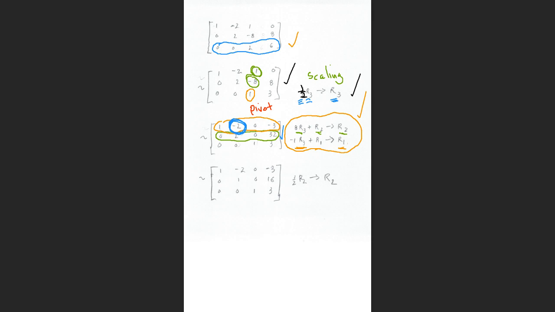That's right, Mikhail. We would take row 2 plus row 1 and put the result in row 1. That's what we would do. We can't use row 3 because row 3 has a 0 in there, and that's not going to help us.